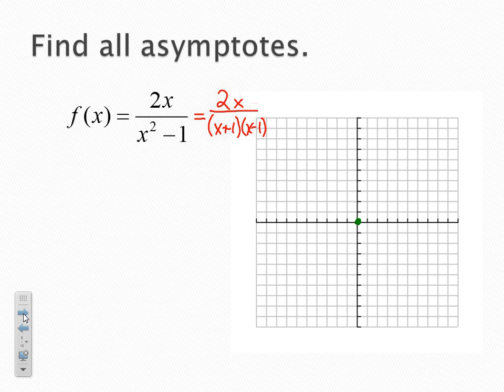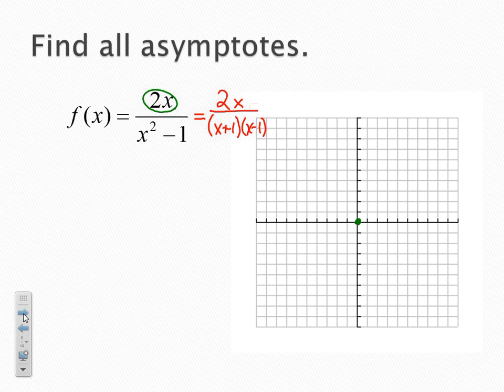Okay, that's my y-intercept. Step number 3, we want to find the zeros of the numerator. What value makes the numerator 0? And that's going to be the x-intercepts of this graph. Well, my numerator is 0 at 0. Now, we already had that point plotted because that was also our y-intercept. So here the origin is both our x and y-intercept in this example.